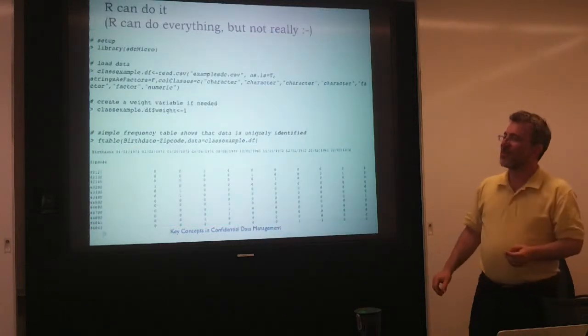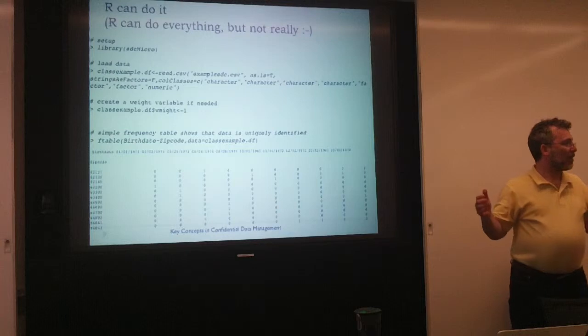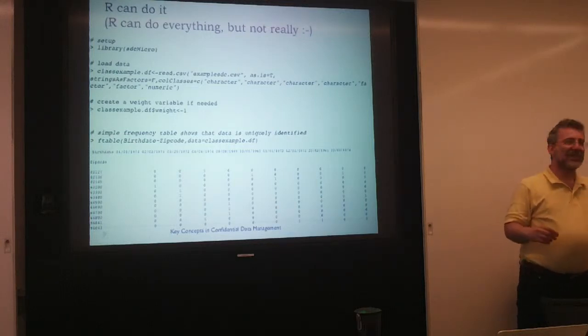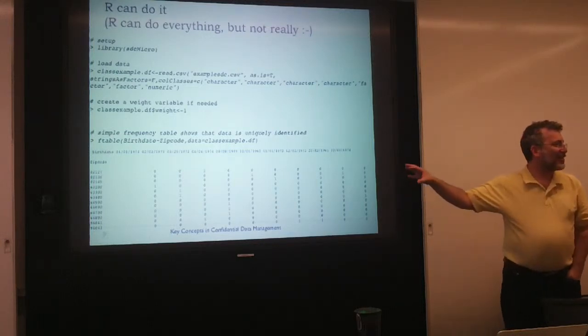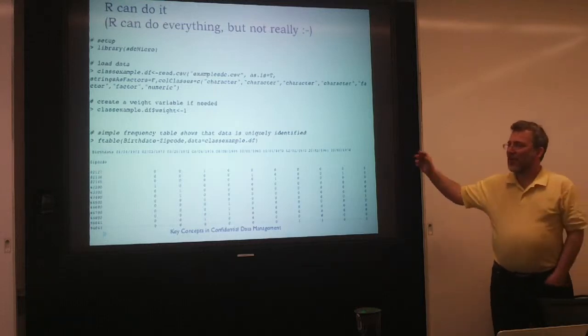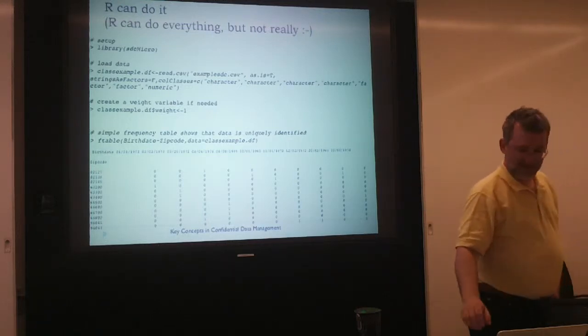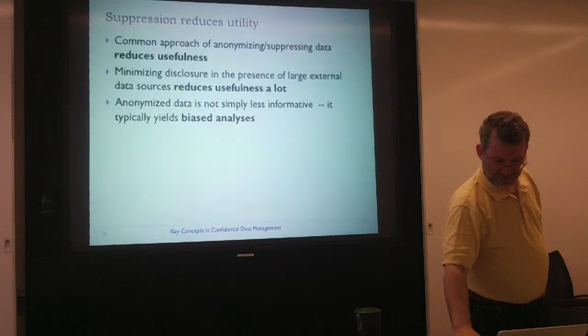But R can do this, so this is not beyond the state of the practice. SPSS and Stata don't do this so much, a little bit of it, but R will do this, and will apply a lot of those methods and mess it up for you.